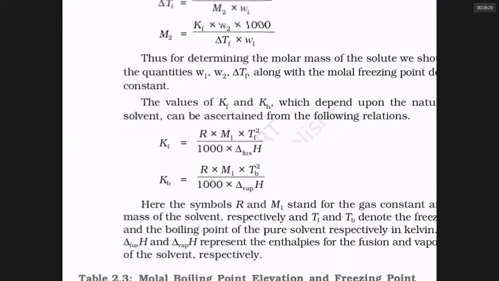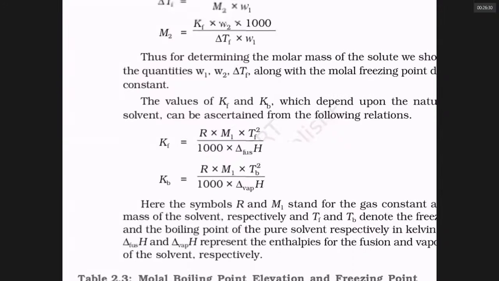Kb is related to delta H. What is delta H? Delta H means latent heat of vaporization.